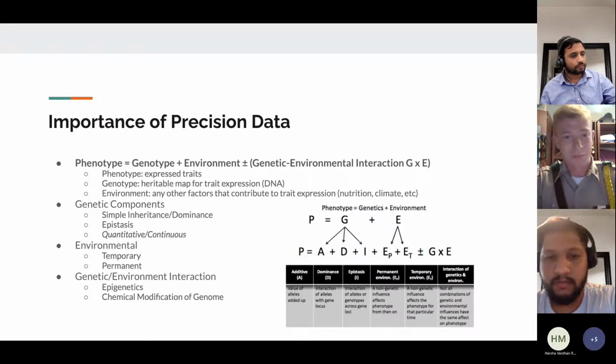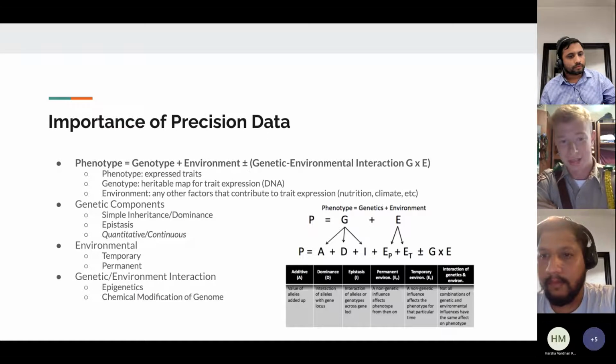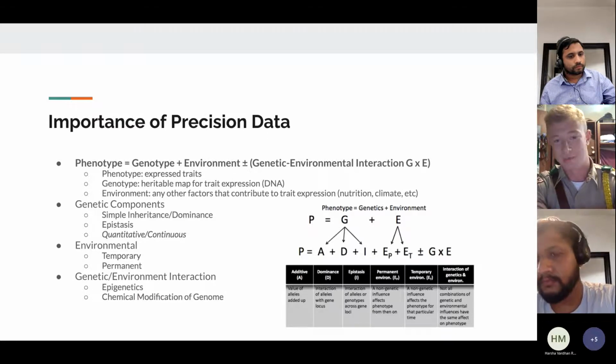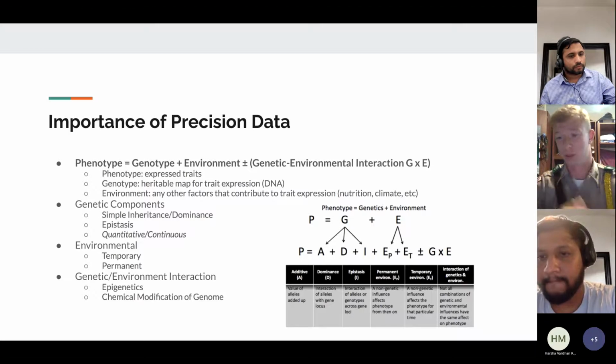For the genetic components, we can narrow that down to simple inheritance or dominance, epistasis, or quantitative and continuous traits, which is what we're more concerned with on these measurable traits, because there's a lot more variation there. For the environmental component, we have the temporary and the permanent components.